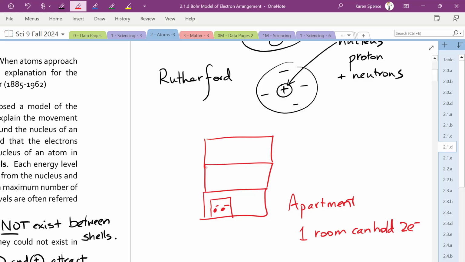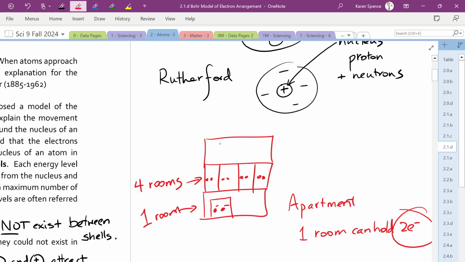Now, on the second floor, there are 1, 2, 3, 4 rooms. On the second floor, we have 4 rooms, and each room can contain 2 electrons. So how many electrons can fit on the second floor? 8. 1, 2, 3, 4, 5, 6, 7, 8.